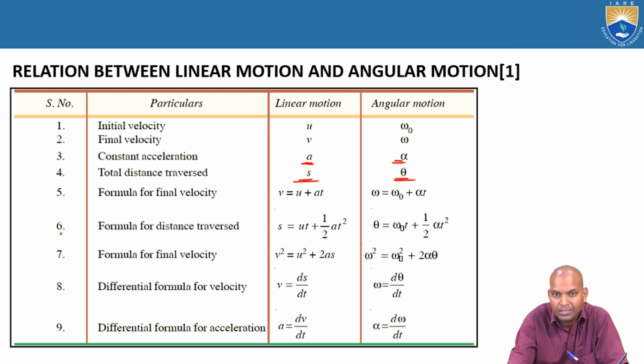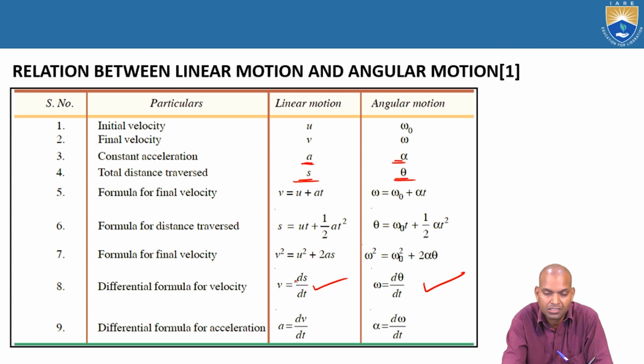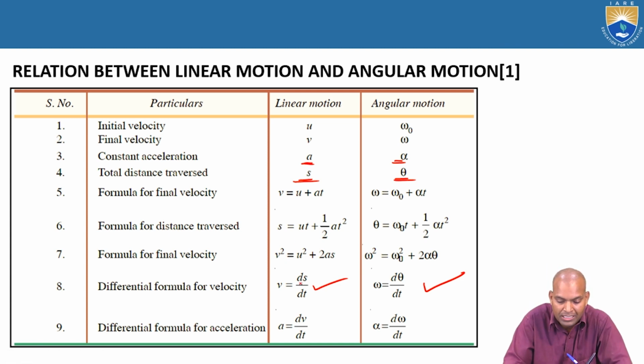For variable acceleration, the differential formula for velocity is v equal to ds by dt, whereas for angular motion, omega equal to d theta by dt, where d theta is the change in angular displacement with respect to time, and ds is the change in displacement with respect to time. The differential formula for acceleration, the rate of change of velocity, is a equal to dv by dt, whereas alpha equal to d omega by dt.